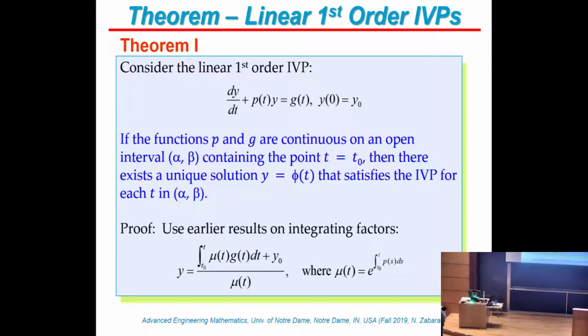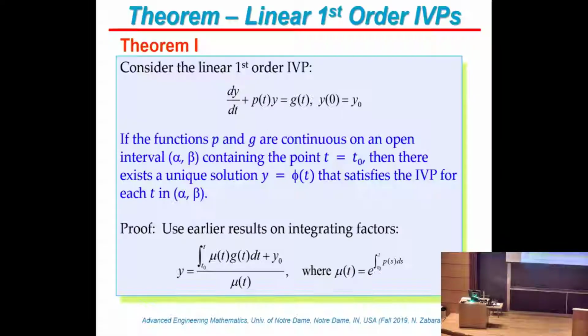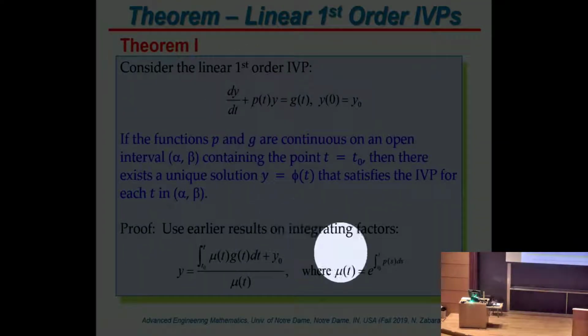So what was that mu? The integrating factor, right? So the idea was we multiply the differential equation with mu, and then we try on the left-hand side to get d over dt of mu times y, all right? And so mu comes to be e to this integral of p of s ds.